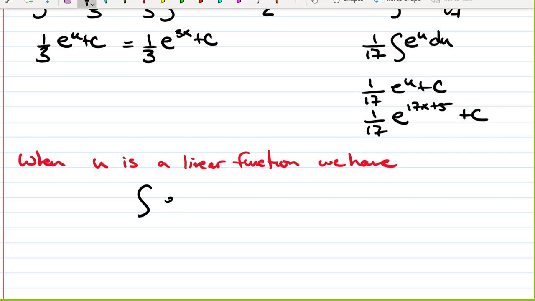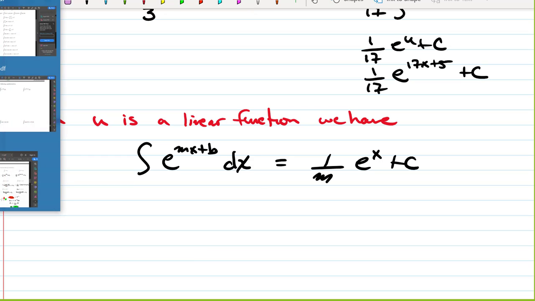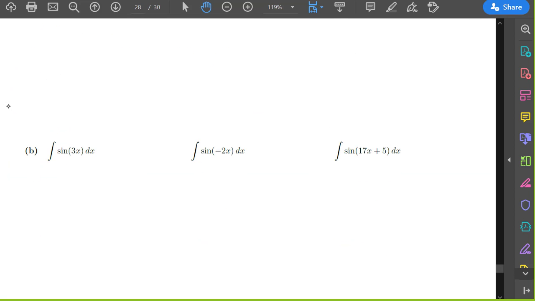Let's just do the specific case that we had here, e to the mx plus b dx. It's going to be 1 over m e to the mx plus b plus c. We can generalize this into our next set of examples.